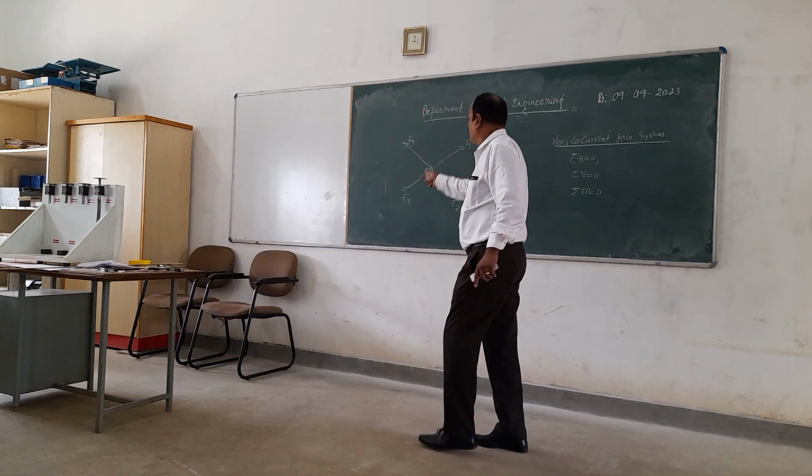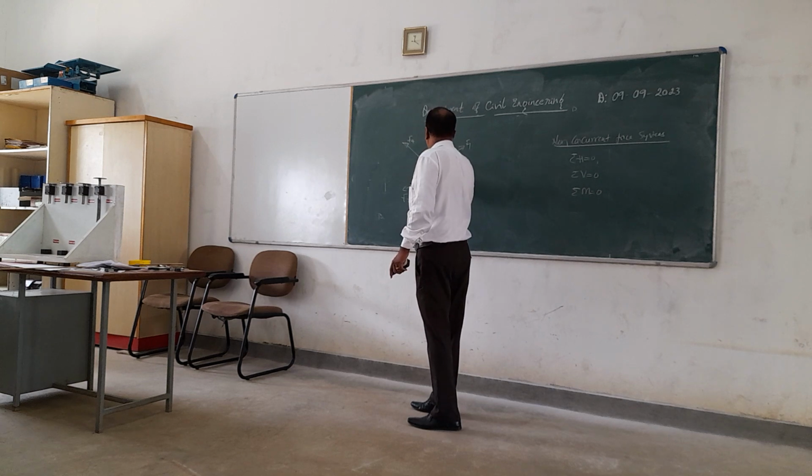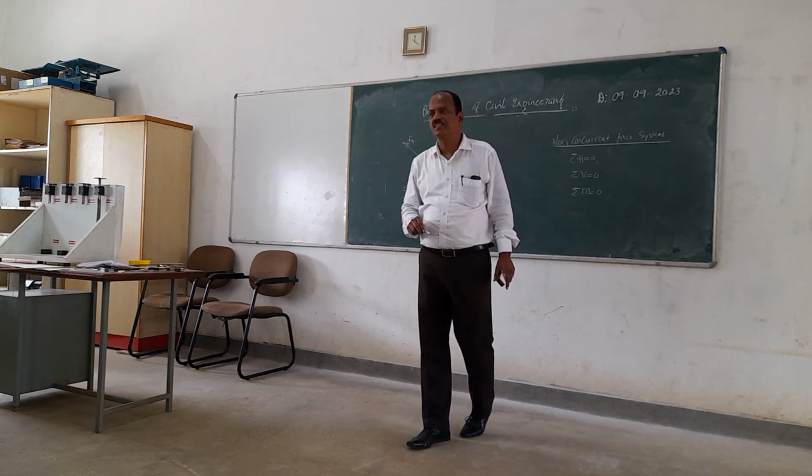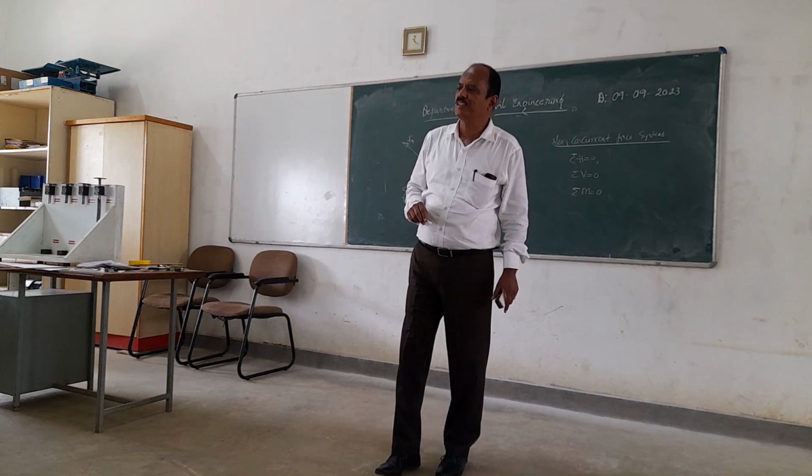Now, for this particular force system, which is inclined at angles theta 1, theta 2, theta 3, and theta 4, we are required to find out the value of the resultant. How have we found the resultant?